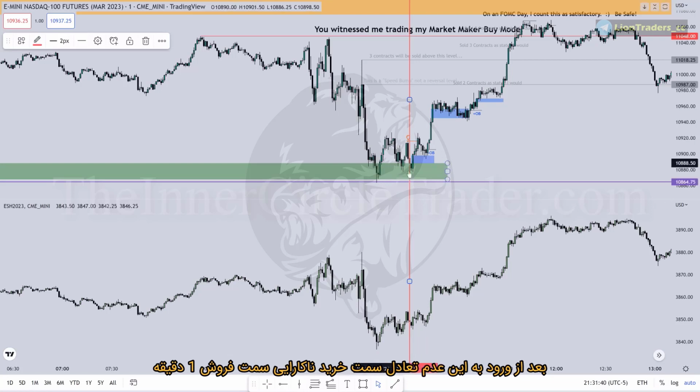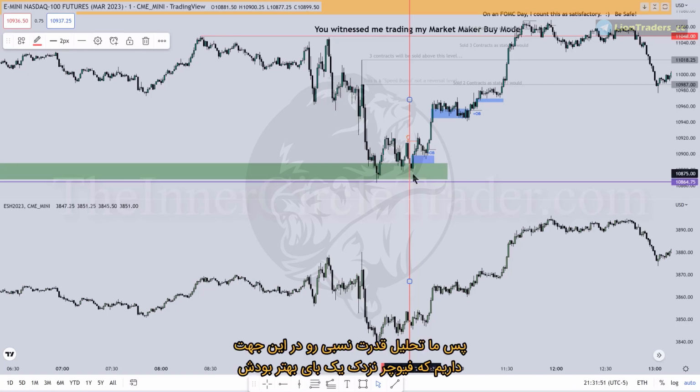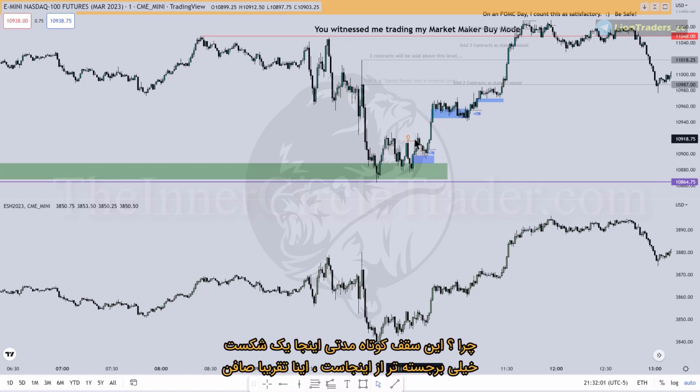Okay, after digging into this 1 minute buy side imbalance, sell side inefficiency, or gap, we expect the market to turn here. So we have relative strength analysis on our side that NQ, or NASDAQ futures, was the better buy. And again, why?